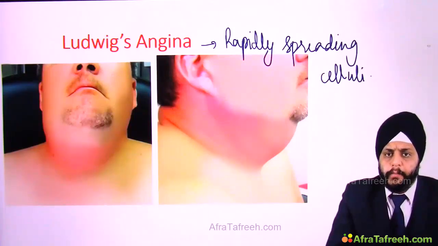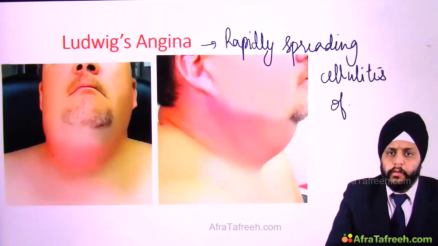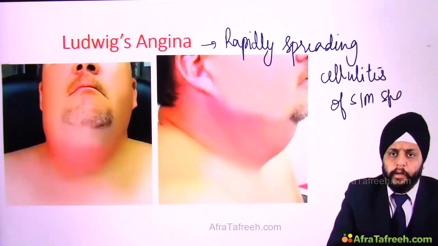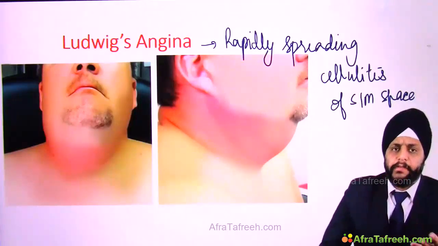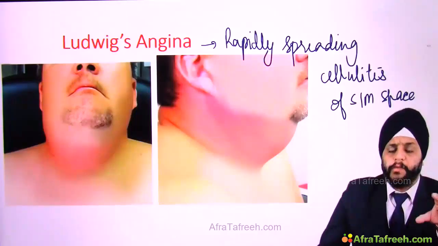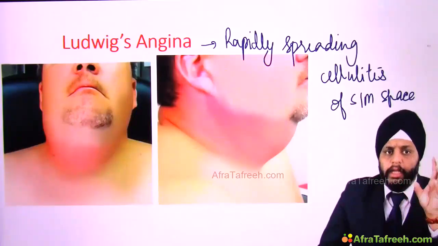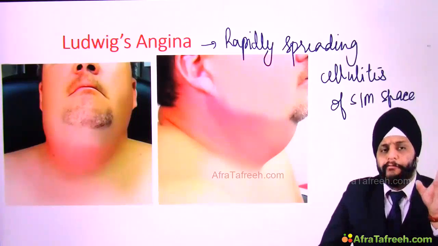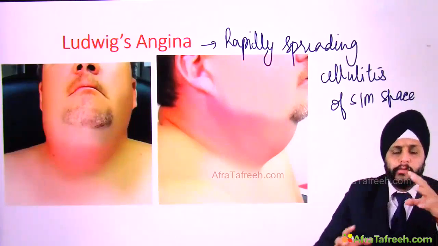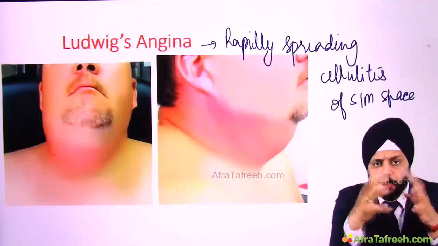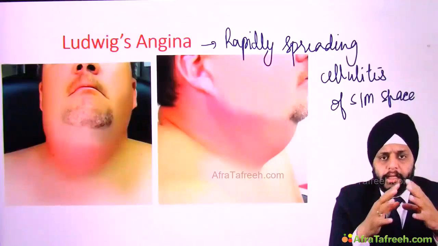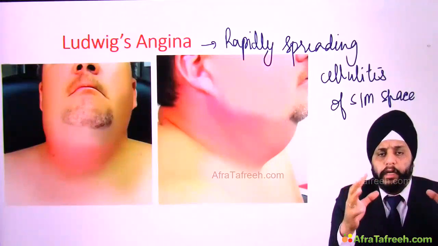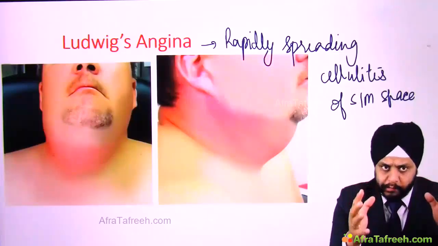If frank pus is there, that will be known as a submandibular space abscess. In Ludwig's angina, we don't have frank pus formation, but the soft tissues, the subcutaneous tissue, are swollen. So that is known as cellulitis.